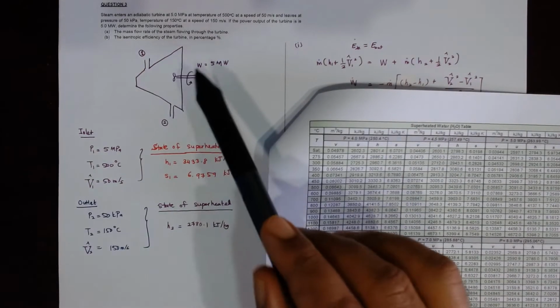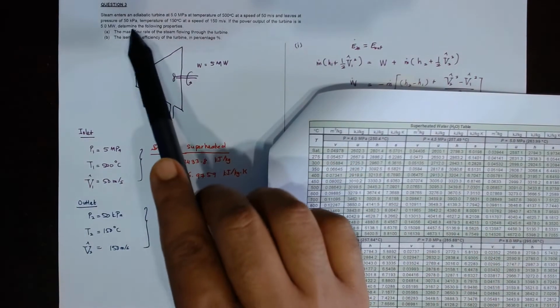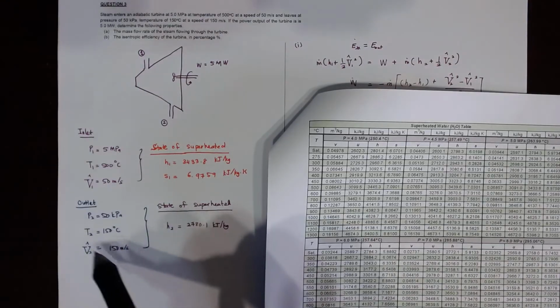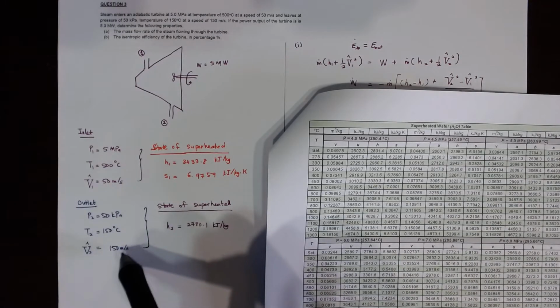And then the outlet leaves at 50 kilopascal, so P2 is 50 kilopascal, the temperature is 150 degrees Celsius, and V2 is 150 meters per second.